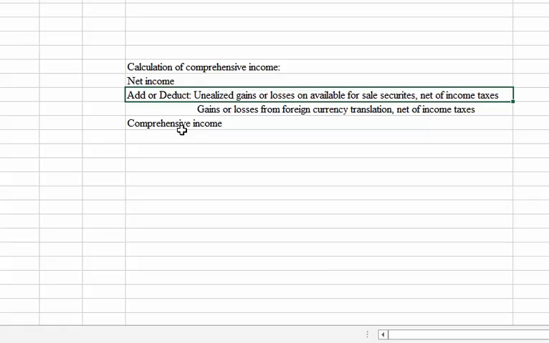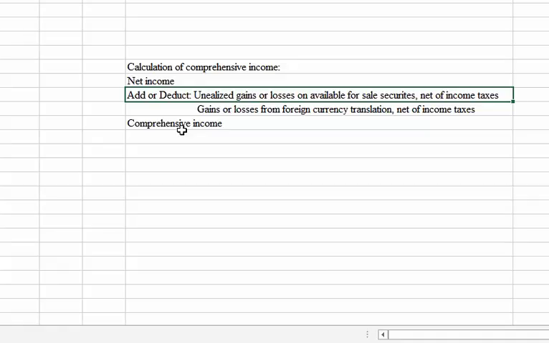So let's say Coca-Cola buys some stock in Walmart sometime during the year, and they bought it because they think Walmart stock is a good buy at the time. At the end of the year, it's gone from a $60,000 basis to an $80,000 basis. So it's gone up in value by $20,000.